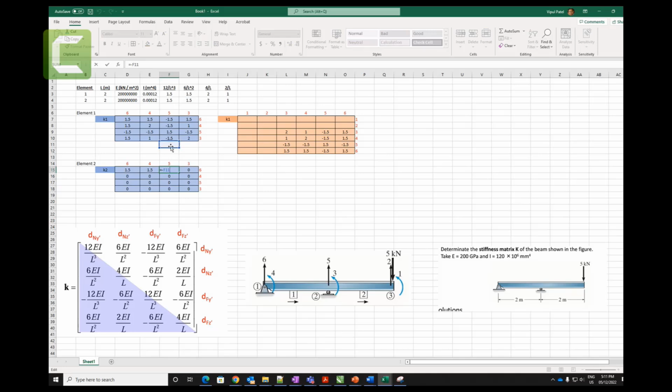Just drag it up and make sure it's element number 2. Or you can do all these things again that we did for element number 1. When you copy it, it will automatically move all these cell numbers as well.